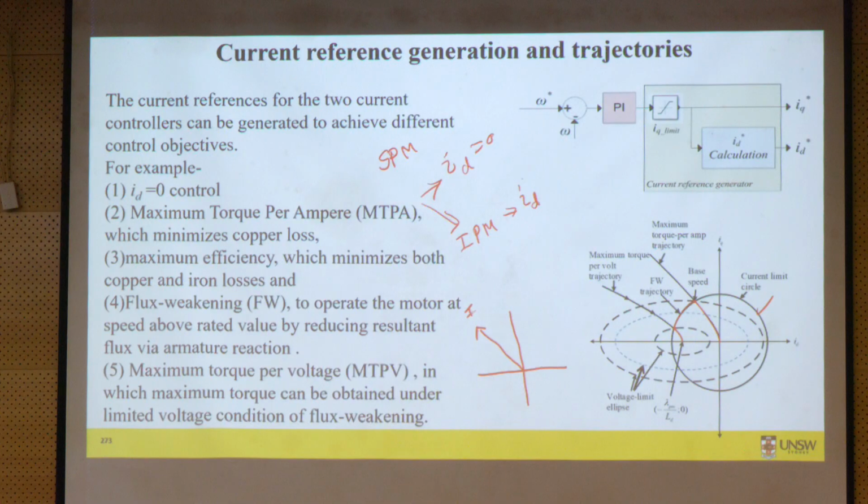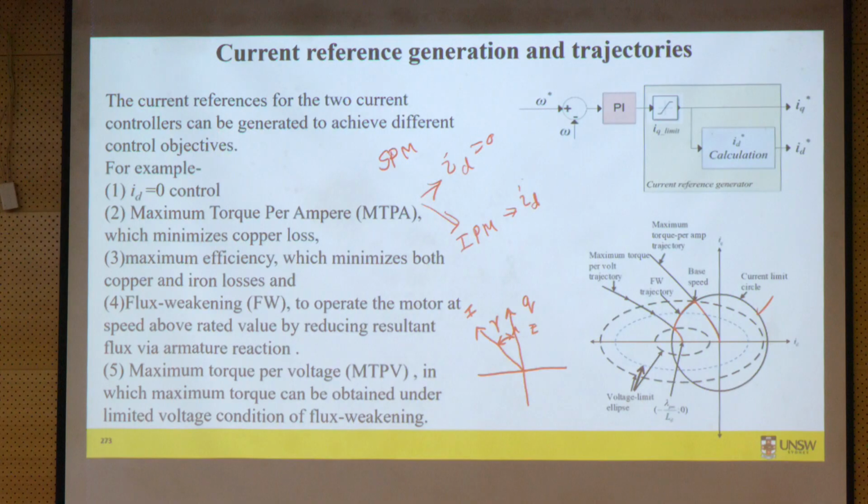This is your current vector. This is your Q axis as well as your back EMF, okay? And the angle between the current and back EMF is, as we defined previously, the gamma angle, right? The current angle. So this gamma angle is not 0 in IPMSM.